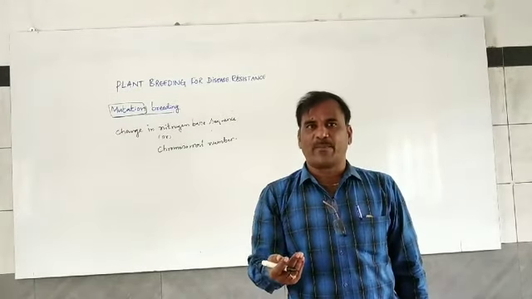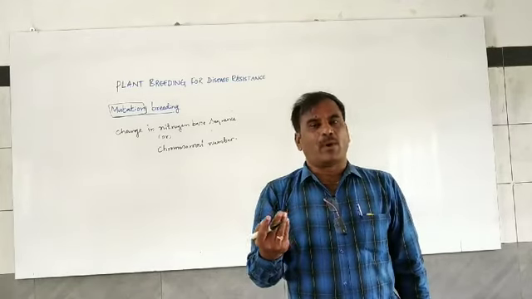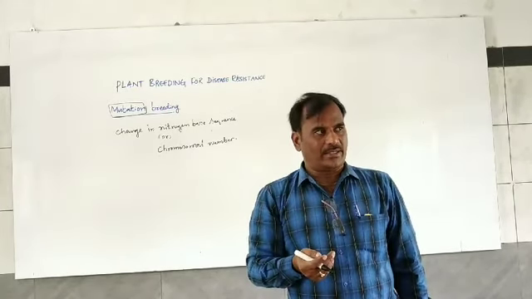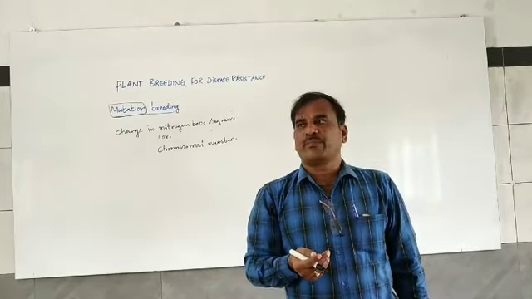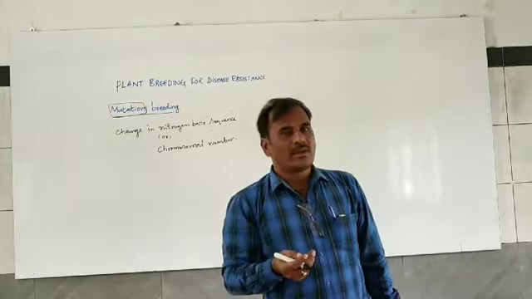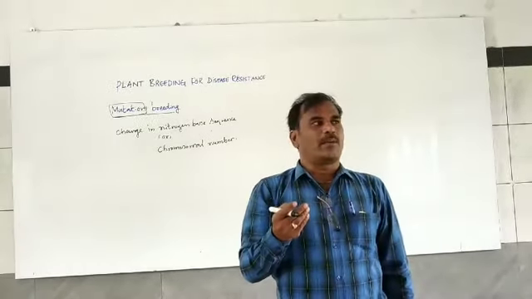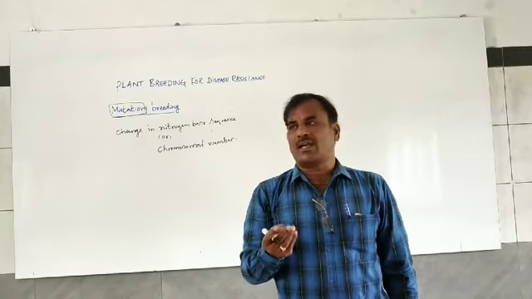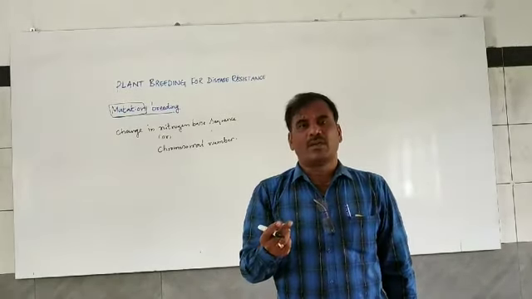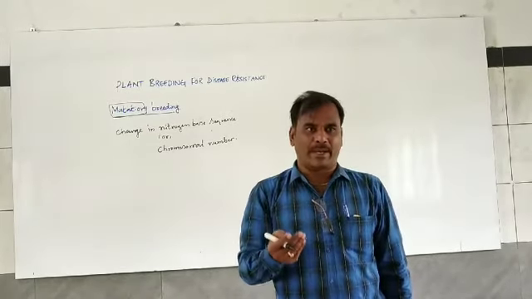We can develop some desirable plants. Here we have to use some chemical or physical substances to change the DNA base sequence or chromosome number.